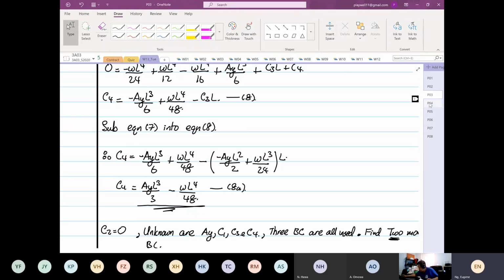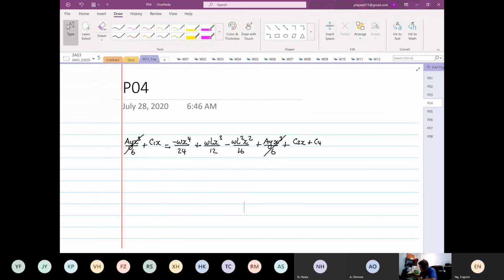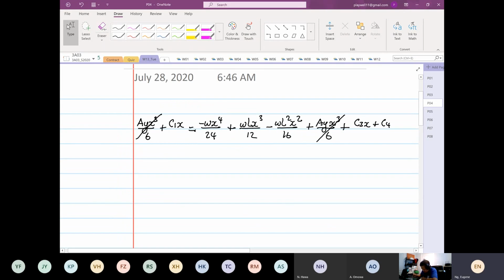So if I'm going to write this out, okay. So we know that our C1 is equal to minus AY L squared over 2 plus by omega L cube over 48, right?